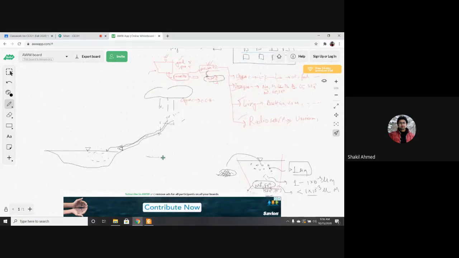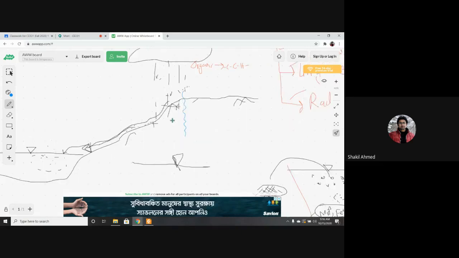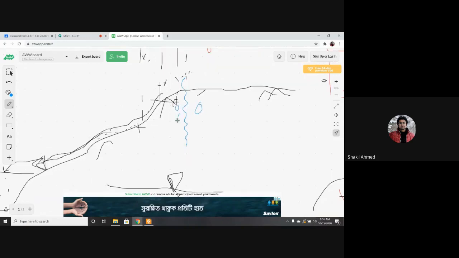But in the case of groundwater, when there is rainfall, this rainfall percolates through the soil, and you have soil particles, right?